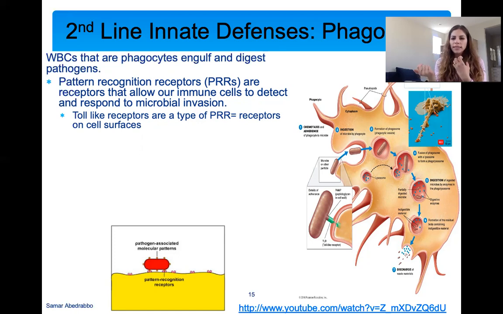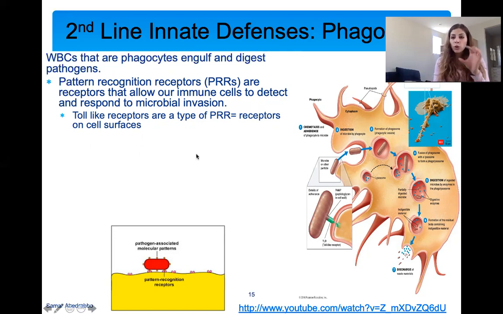We call these patterns pathogen-associated molecular patterns. An example of a PAMP is peptidoglycan. Your cells do not have peptidoglycan. So when you swallow a pathogen that has a cell wall made out of peptidoglycan, your cell says, this is foreign, I need to tag it for some sort of destruction, such as phagocytosis.